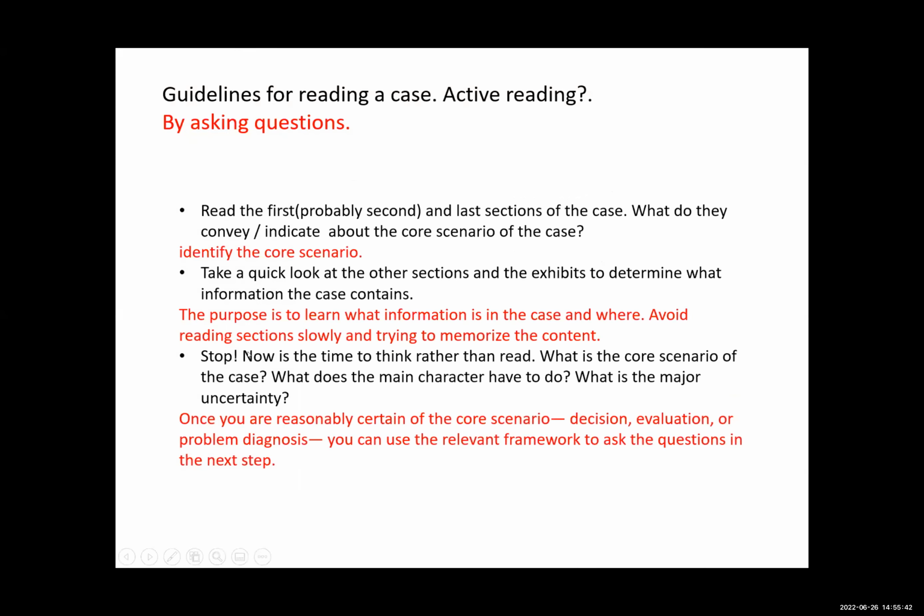Okay, sorry for that interruption. Guidelines for reading.